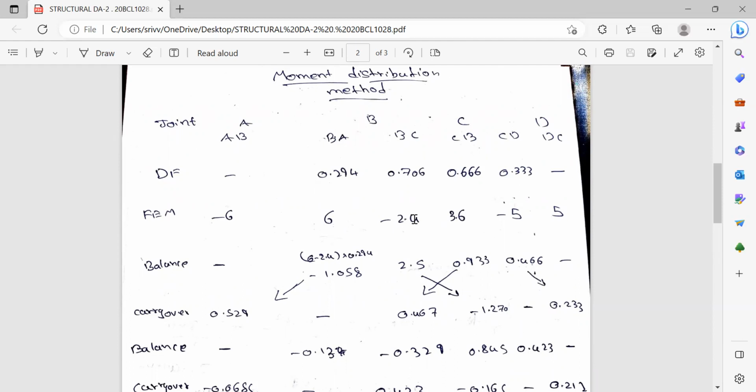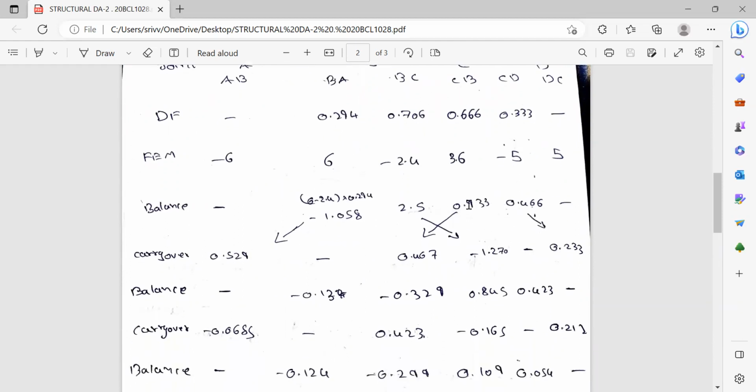For example, here 6 plus 2.4 into 0.294. And whatever value we get, if it is a positive value, we need to change the sign to negative. If it is a negative value, we have to change it to positive. So we have to make it the opposite sign. And similarly for CB and CD.